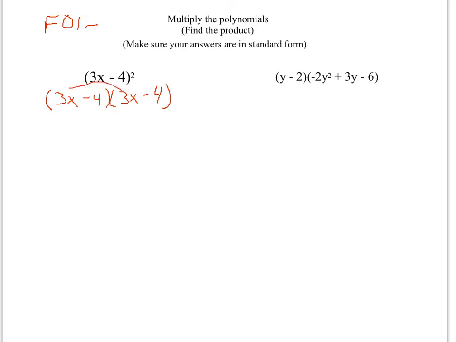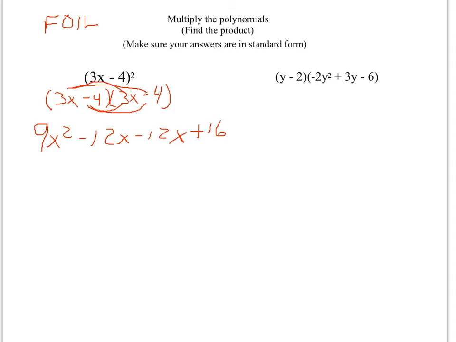So first times first, 3x times 3x would be 9x squared. And then we move to the outsides, 3x times negative 4 would be minus 12x. And then we move to the insides, negative 4 times 3x would be minus 12x. And then last times last, negative 4 times negative 4 would be plus 16.